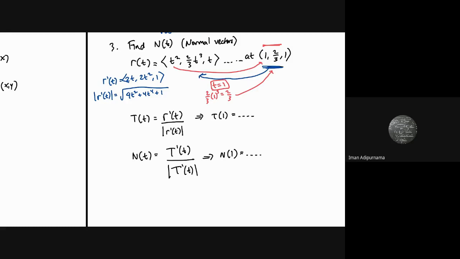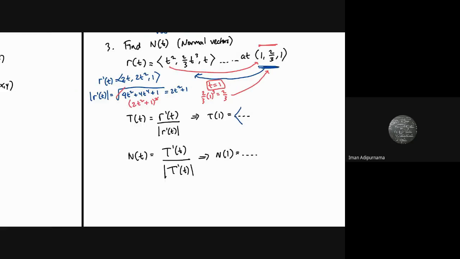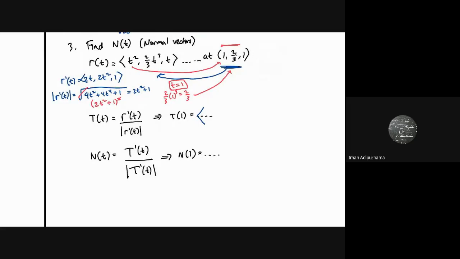This also we can see is actually 2t squared plus 1. So we can cancel this, and this will be 2t squared plus 1. And plug in 1 so that you can find the tangent vector, or this is 3 if you plug in t equals 1.